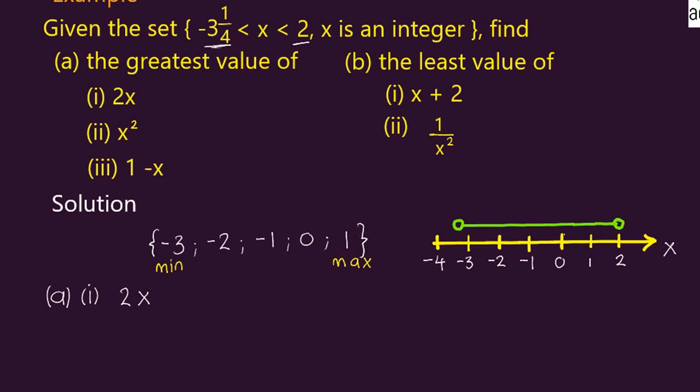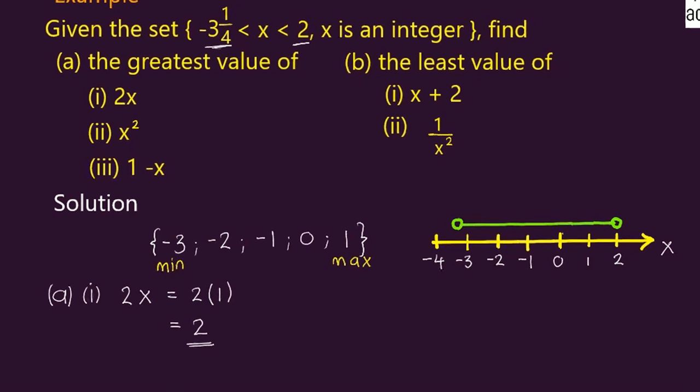So that's 2 times 1, and the greatest value will come out as 2. That is the greatest value of 2x.